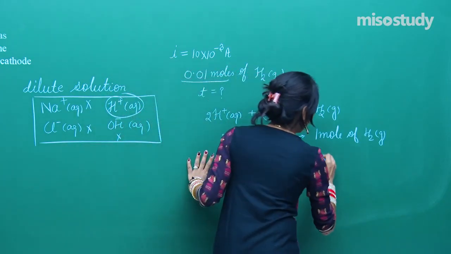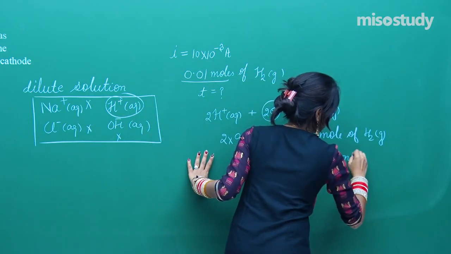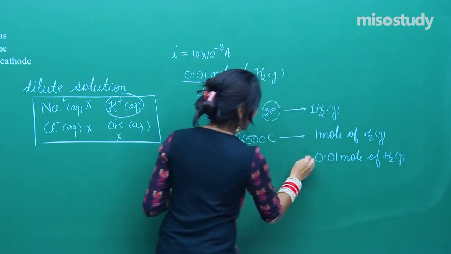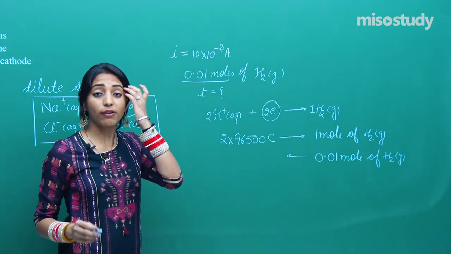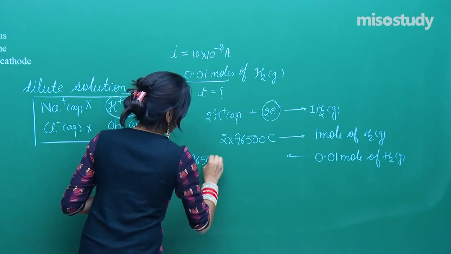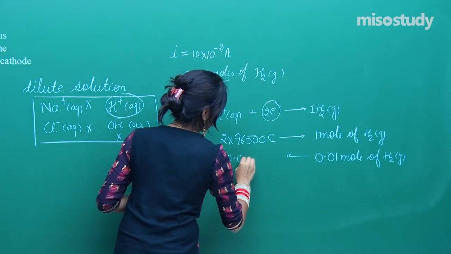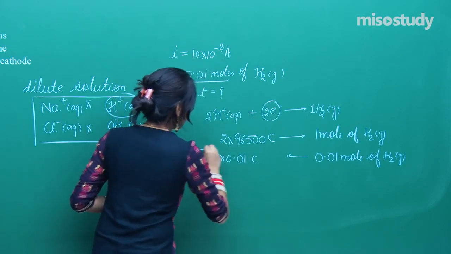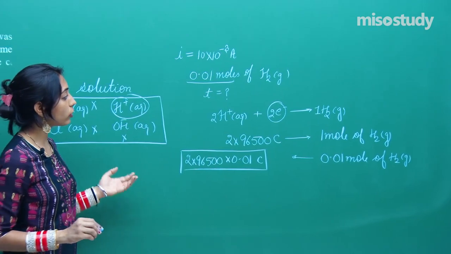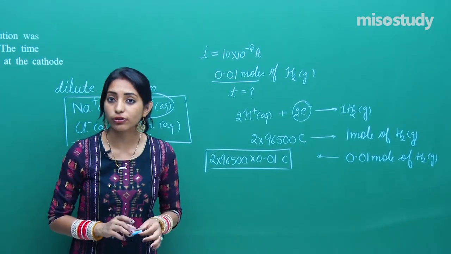We don't need 1 mole, rather we need 0.01 moles. So 0.01 moles of hydrogen gas will be produced by the passage of how much charge? You need to have 2 into 96500 into 0.01 coulomb. So this is the total amount of charge that is required for the production of 0.01 moles of hydrogen.